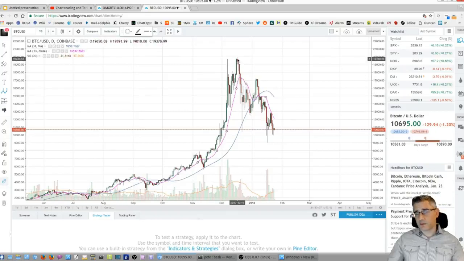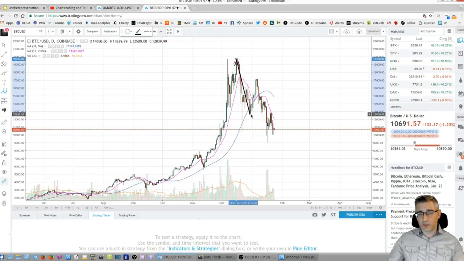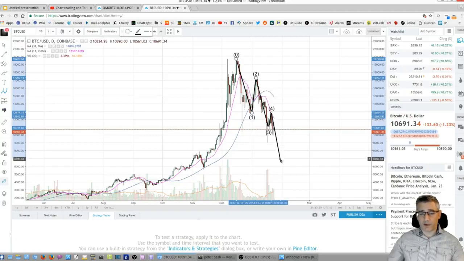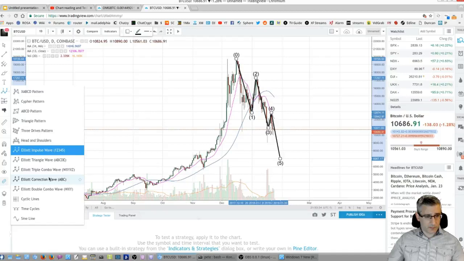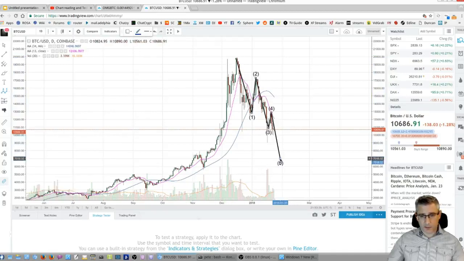If this is turning bearish, this could be one here. 2, 3, 4, and 5 could be down here, followed by A, B, C.